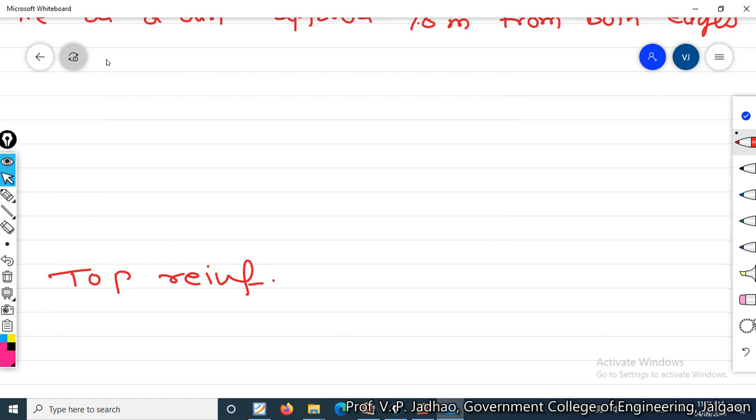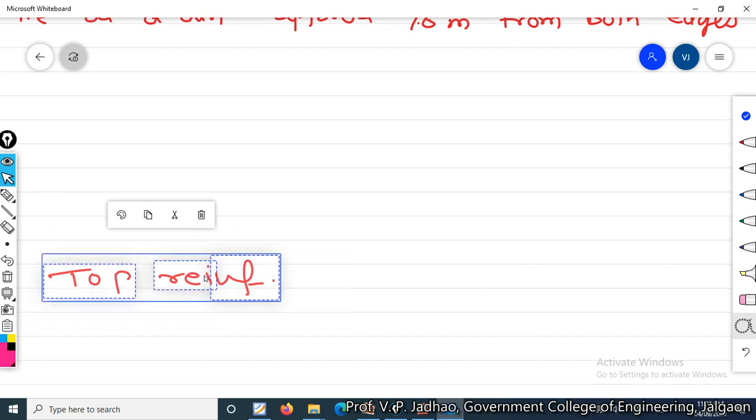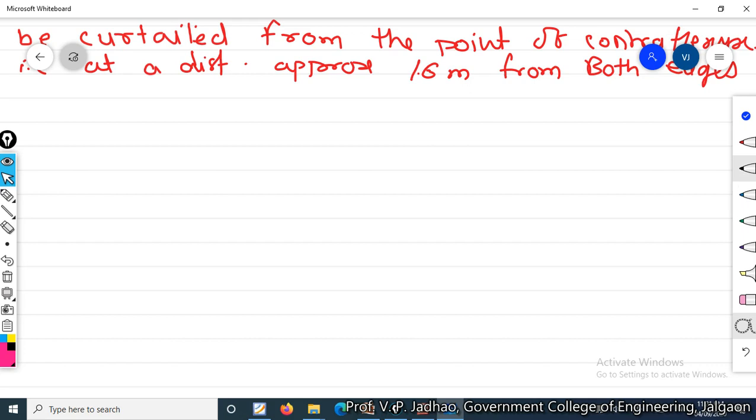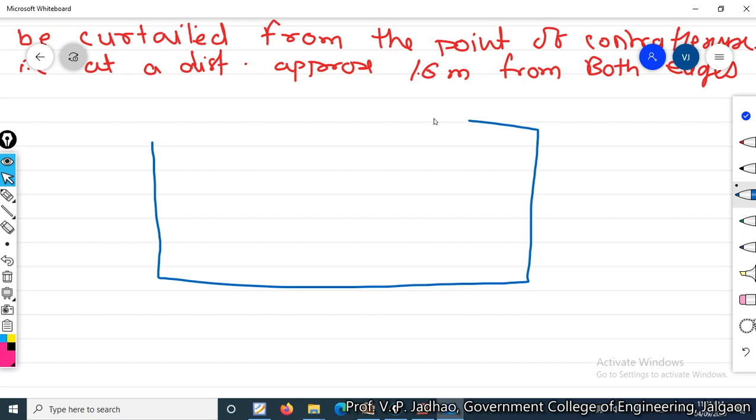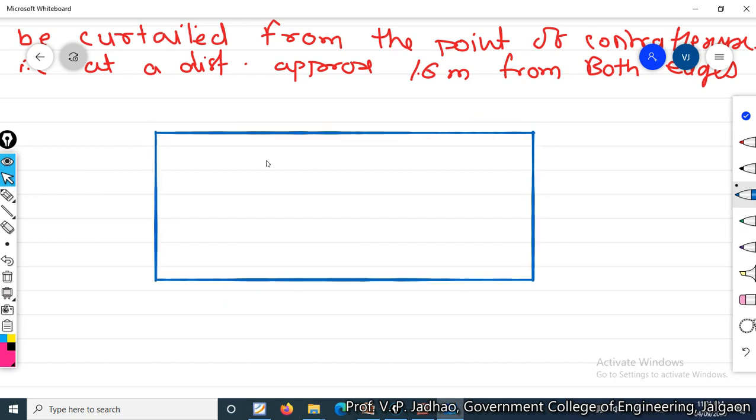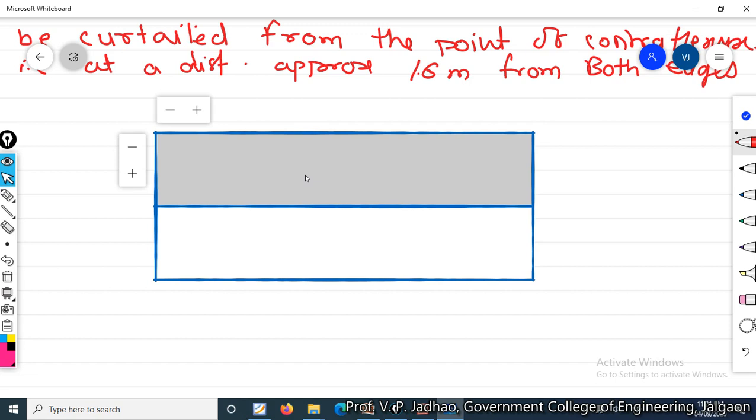If this is our footing in plan, let us consider this is our footing in plan, then the top reinforcement will be something like this.